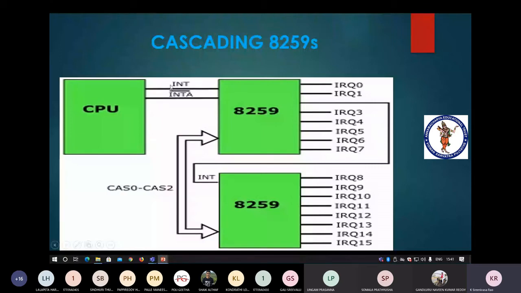Through this interrupt request line, how many devices are accommodated? 8 devices, IR0 to IR7. Multiple devices are connected to a single interrupt request line. At that time, we require 8259. Without 8259, we can't connect multiple devices through the interrupt request line.